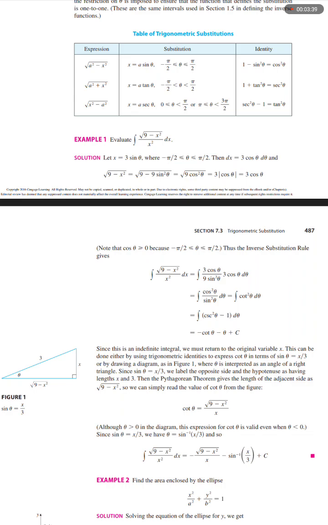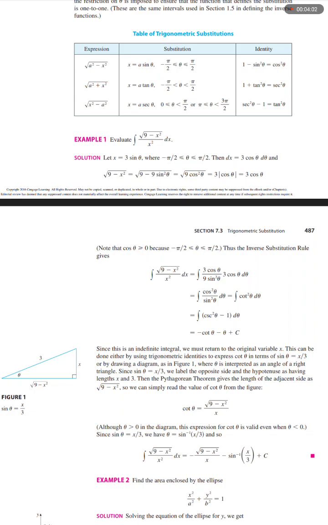Cotangent theta equals the square root of 9 minus x squared over x. Although theta is greater than 0 in the diagram, this expression for cotangent theta is valid even when theta is less than 0.